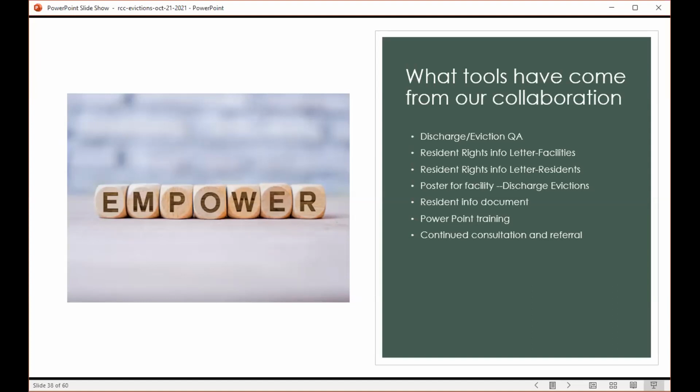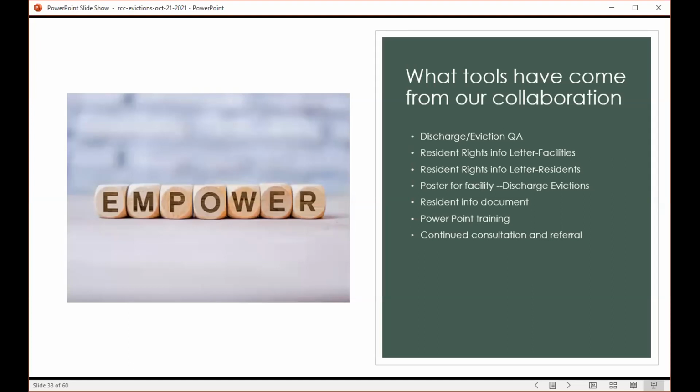And as a team, we brought together HCBS requirements, state regulations for residential care facilities, state statutes, Fair Housing, Title VIII of the Civil Rights Act, and those rights for individuals with disabilities, both physical and mental.